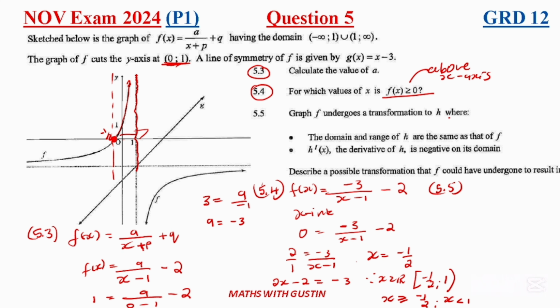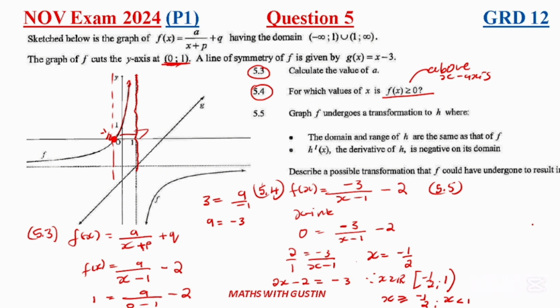So 5.5, it says here the graph undergoes a transformation to h. The domain and the range of h are the same as that of f. However, the derivative of h is negative on the domain.